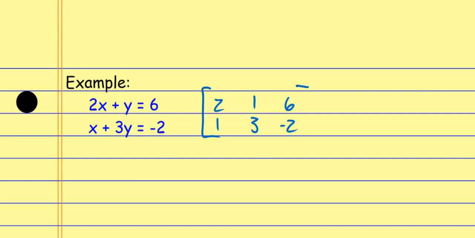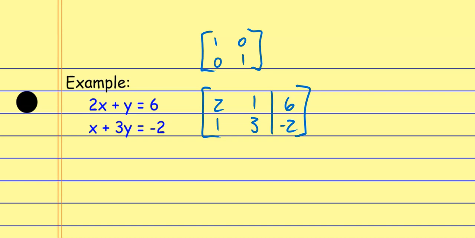I put my little brackets around this, and again I'm going to include the line so I can see that's my equal sign. The idea, once again, is I want to transform the matrix that I have into the identity matrix. I'm only looking at the left side. I want to turn that left side into the identity matrix. Whatever happens on the right-hand side will be my solutions eventually.